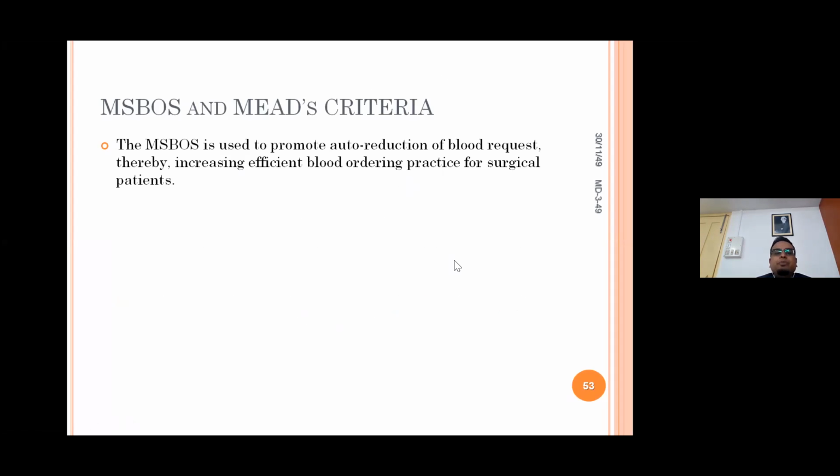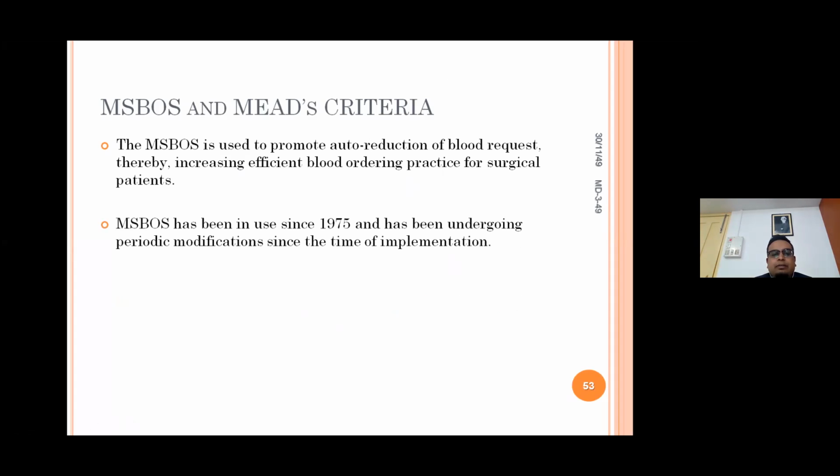MSBOS is used to promote auto reduction of blood requests, thereby increasing efficient blood ordering practice for surgical patients, and it has been used since 1975. The initial formulation of MSBOS was done using Mead's criterion.